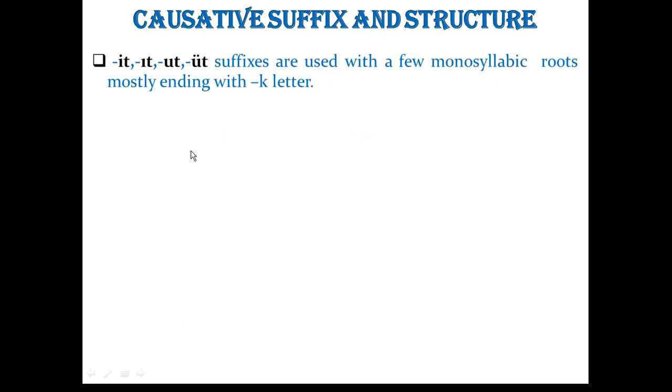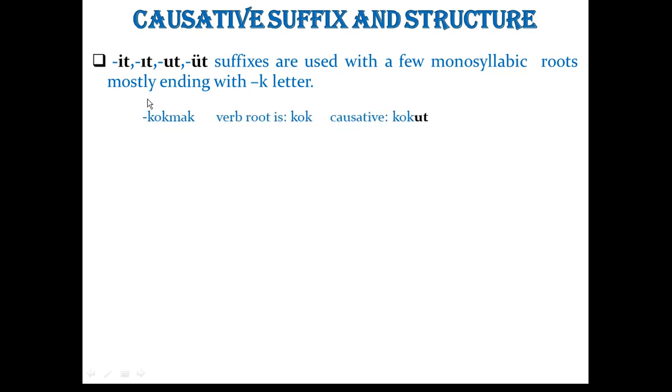So another rule is that it, ıt, ut, üt suffixes are used with a few monosyllabic roots, mostly ending with the k letter. So this is a very rare situation, making an exceptional case to the general rule.